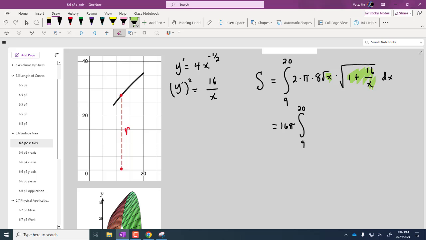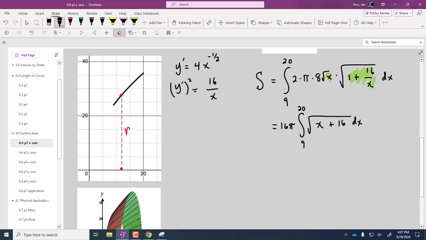If we have the square root of a times the square root of b, then that's the square root of a times b. So we can turn all that into 1 square root if we distribute this inside to that inside. So this is going to become x plus 16.